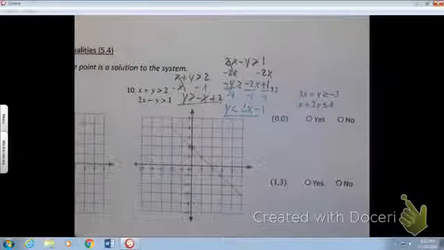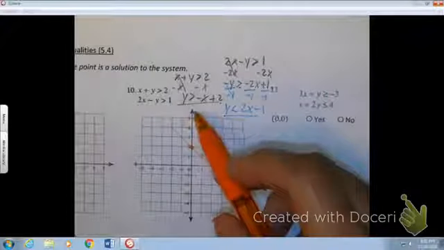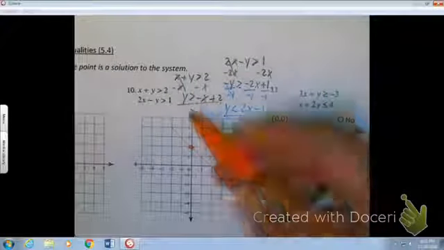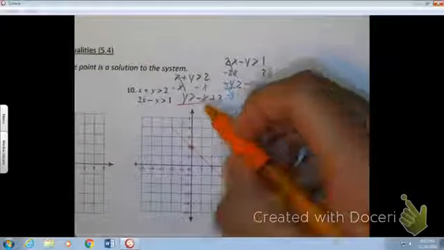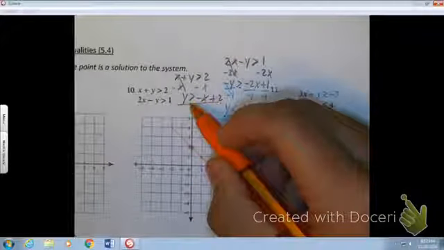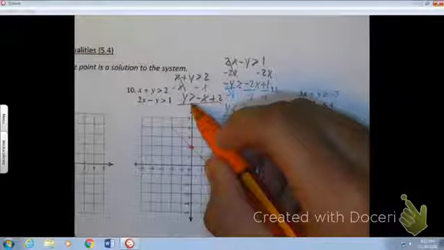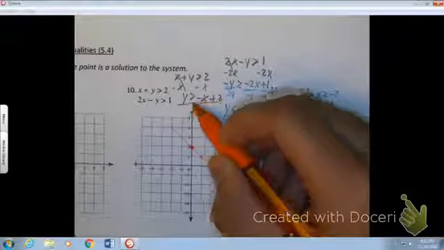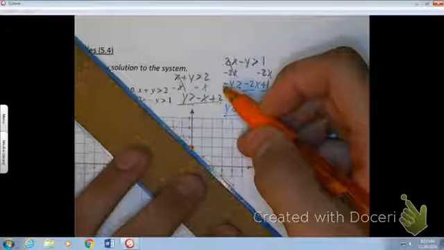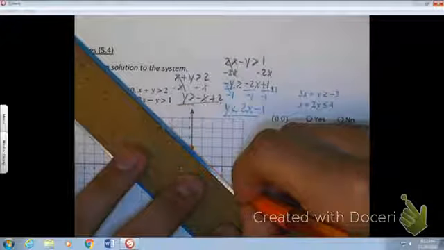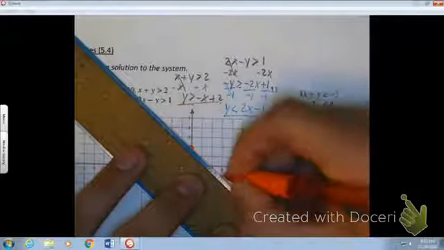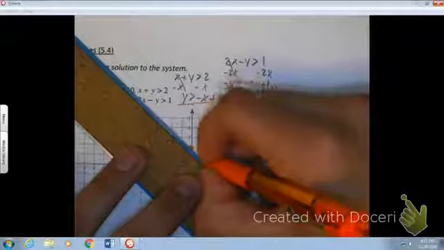Whoops, I made a mistake. I need to ask myself before all this: do I have a skipped line or a solid line? And this one's supposed to be skipped. So we're supposed to have a skipped line, not a solid one.